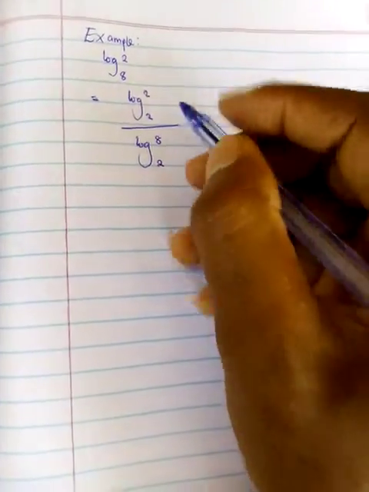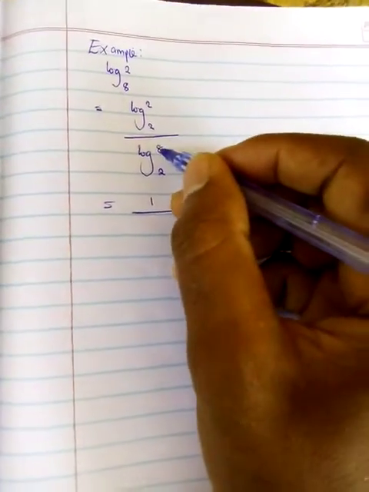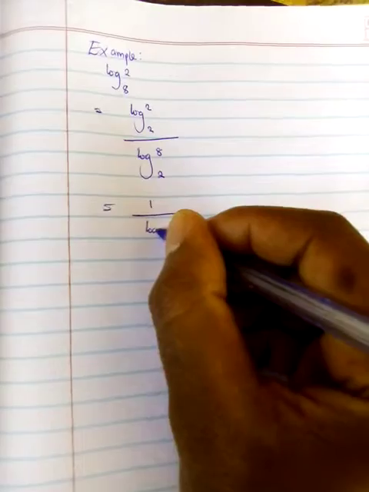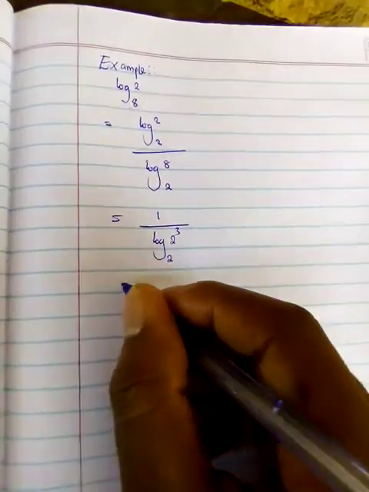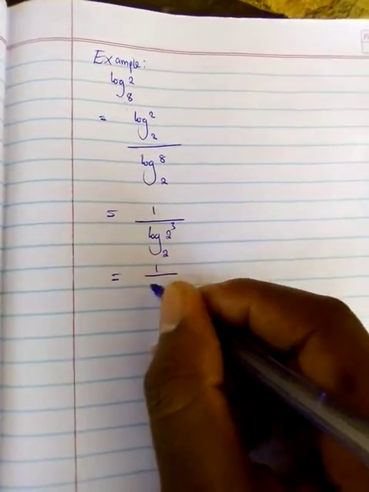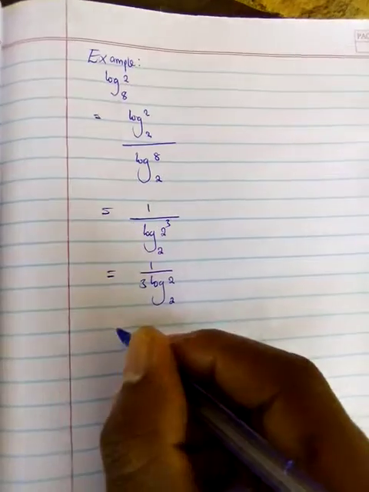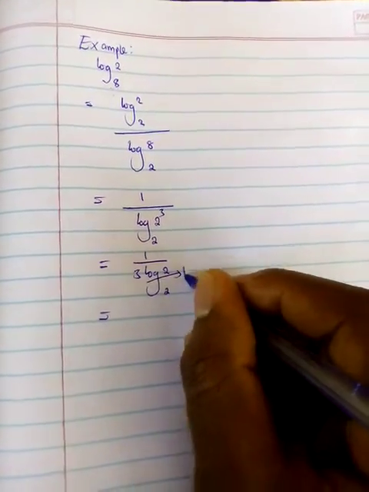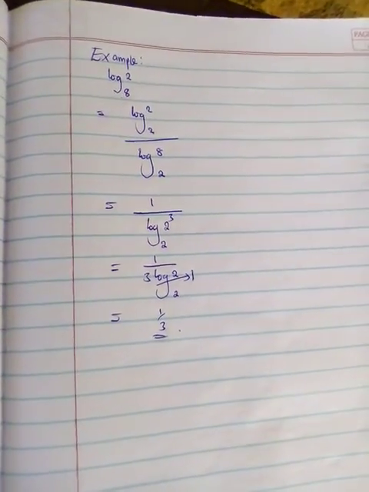But we know log 2 of 2 is 1, so we have 1 divided by, then we have this guy, 8, which is 2 power 3. Log of 2 power 3 to base 2, this 3 can come this side, we have 1 divided by 3 log 2 of 2, such that this one still goes to 1. We have this as a third, as simple as that.